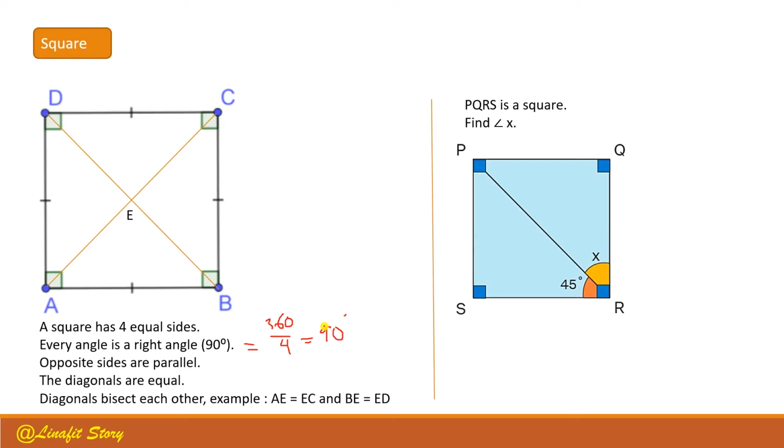So given square PQRS, find angle X. We know that the angles of a square are all right angles and the diagonal bisects the vertex angle into 2 congruent angles. So QRS is equal to 90 degrees.